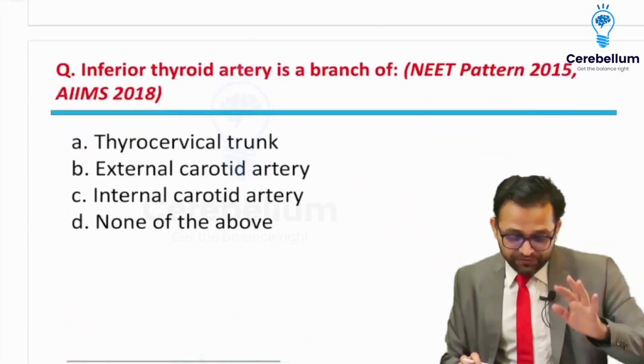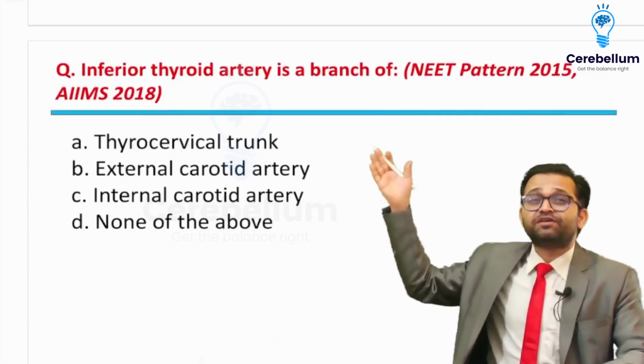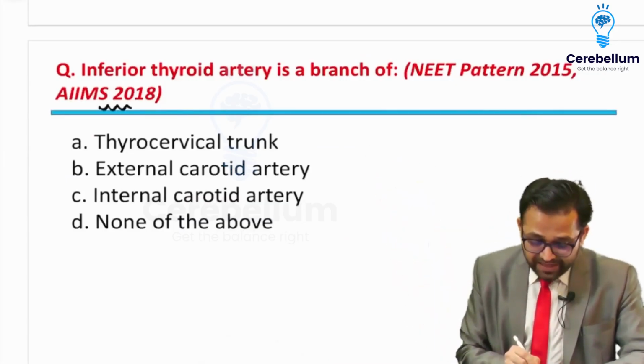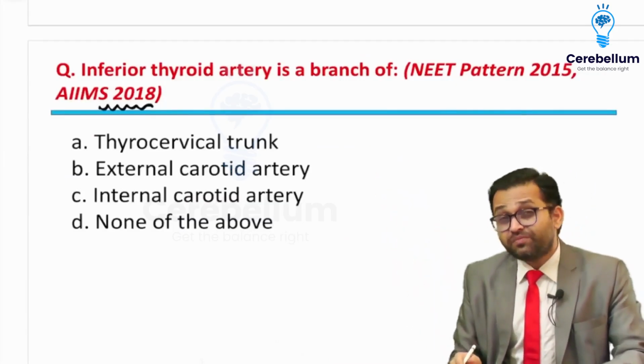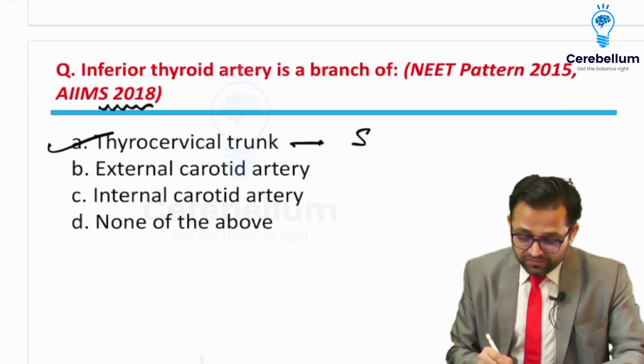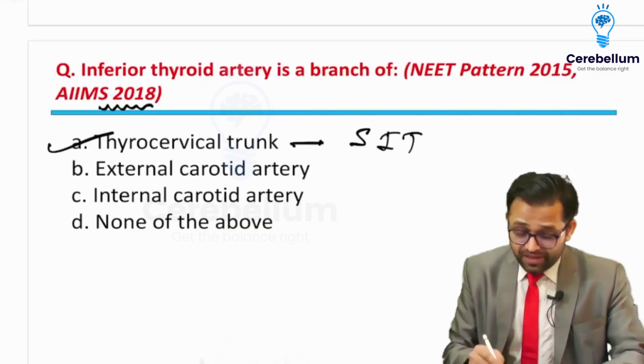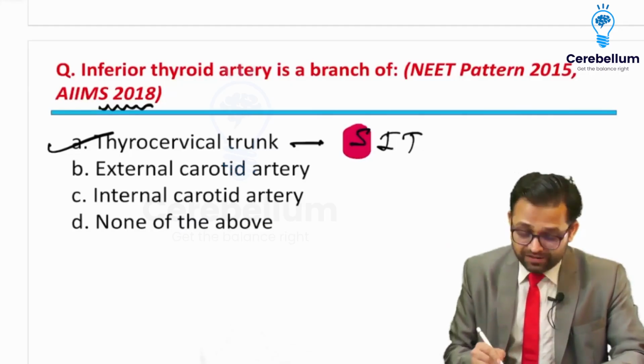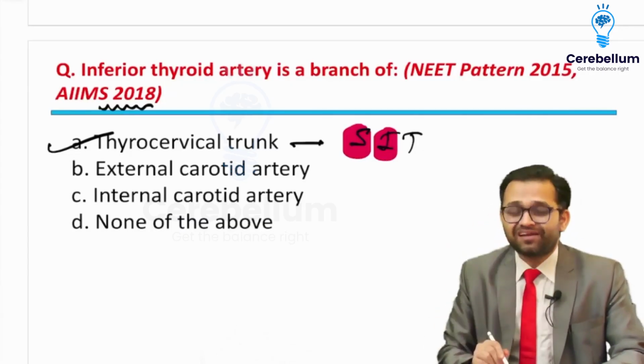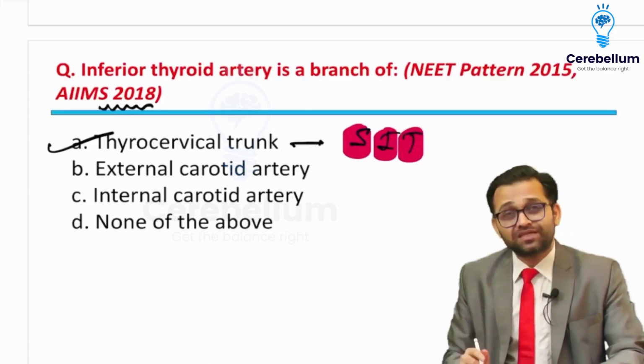Next question, the inferior thyroid artery is a branch of, NEET pattern 2015 as well as INICET AIIMS 2018. Remember, it is a branch of the thyrocervical trunk, which gives the branches SIT. S for suprascapular artery, I for inferior thyroid artery, and T for transverse cervical artery.